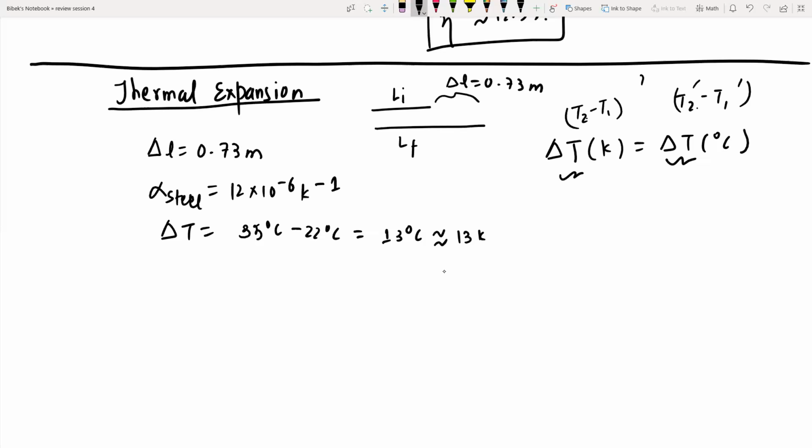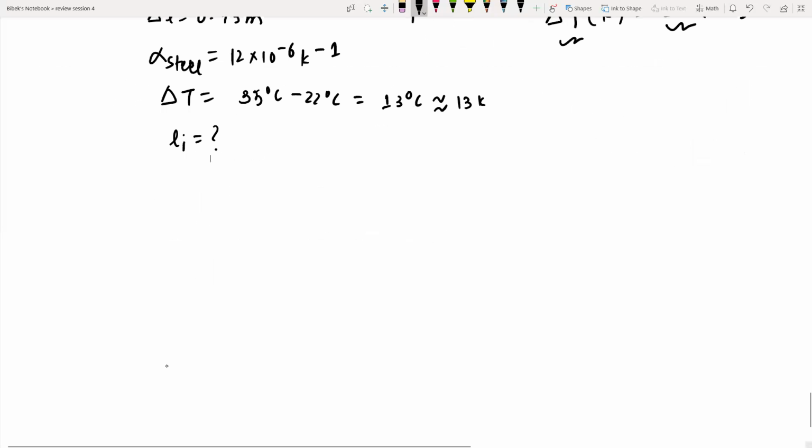So since we have delta L, alpha, and delta T now, and we don't know the initial length at 22 degrees centigrade, we need to find it. But we know the equation: delta L is alpha steel times initial length times delta temperature. So that is your initial length.